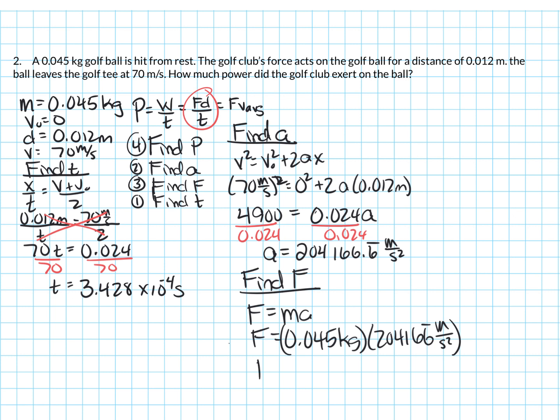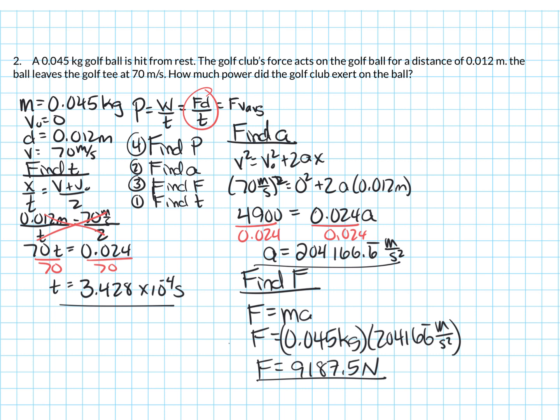And when I do that, I get a force of 9187.5 newtons. So that's the force. There's the time, there's the acceleration, there's the force. Now I have enough to find the power.